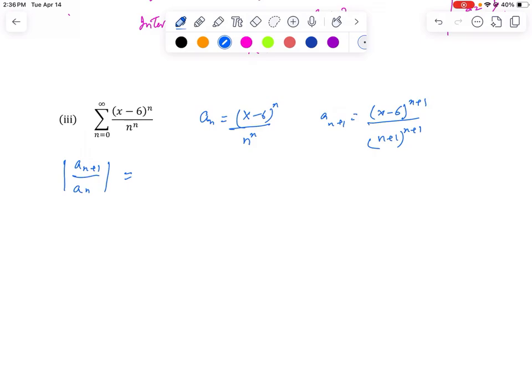So a sub n plus 1 will be the n plus 1th term, so absolute value of x minus 6 raised to n plus 1 over n plus 1 raised to n plus 1.